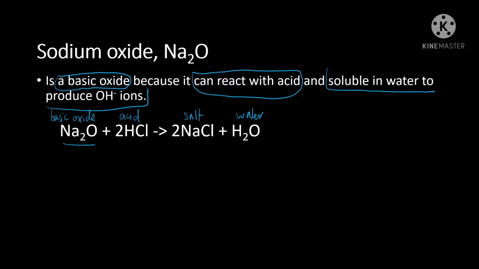Besides this, sodium oxide is also soluble in water. When it reacts with water, sodium hydroxide, which consists of hydroxide ions, is produced. So again, this indicates that sodium oxide is a basic oxide because when dissolved in water, hydroxide ions are produced.